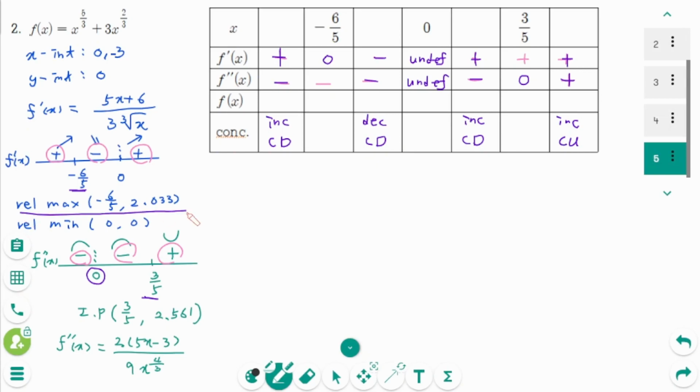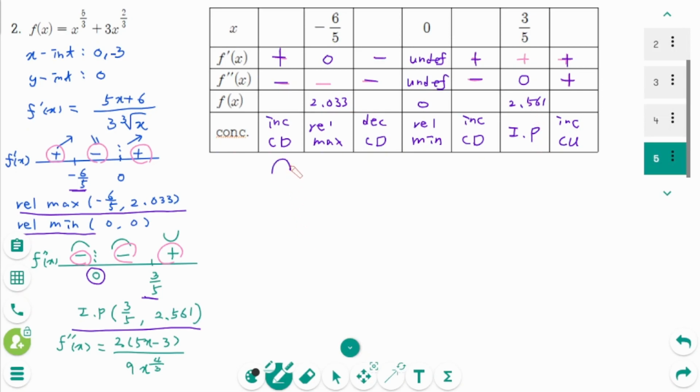Relative maximum is minus 6 over 5, 2.033. Relative minimum is 0, 0. Inflection point is 3 over 5, 2.561.